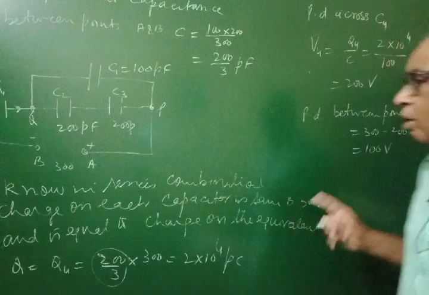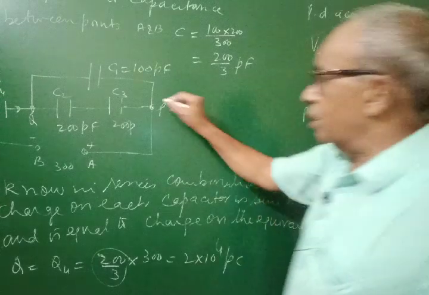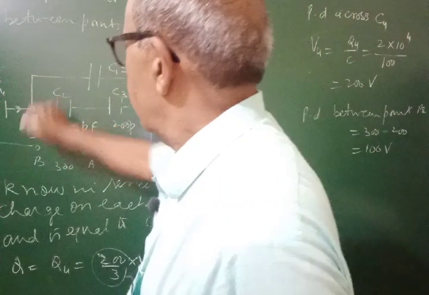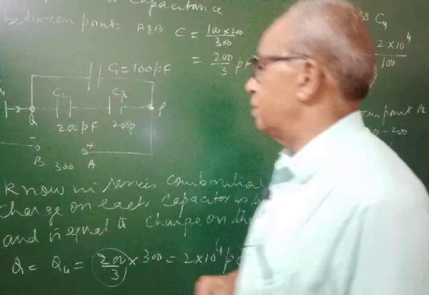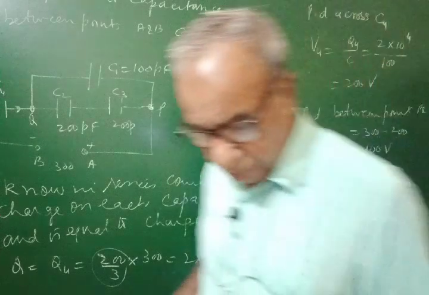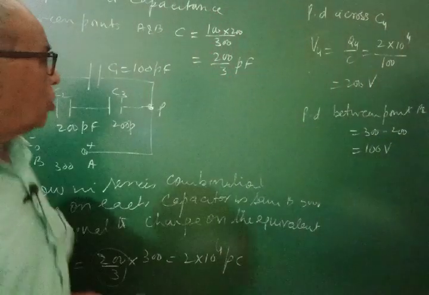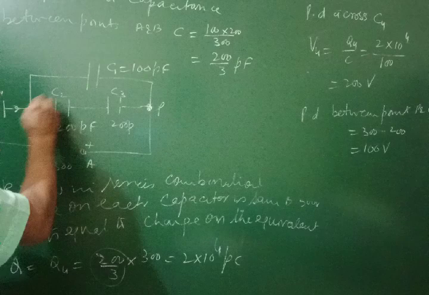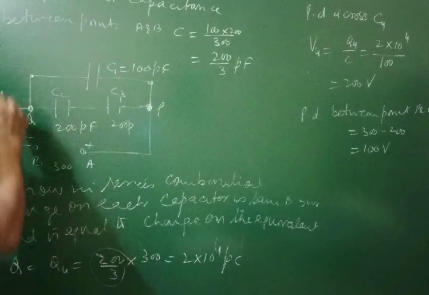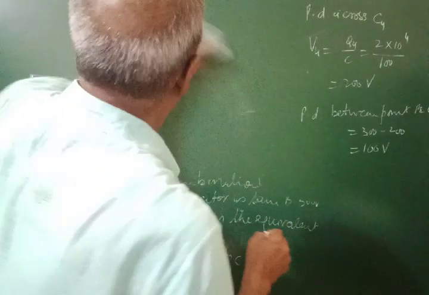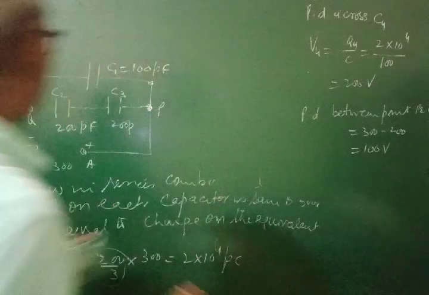Their equivalent is 100. So 100 volt here, 100 volt across C1. Okay?